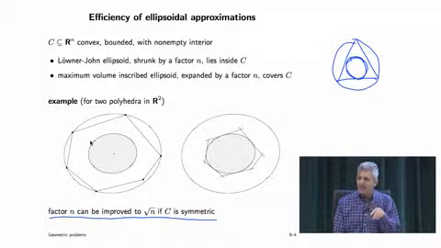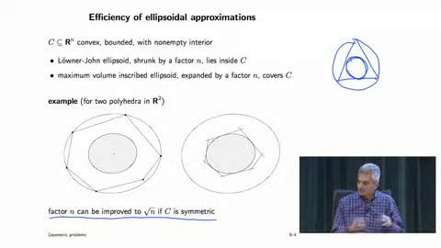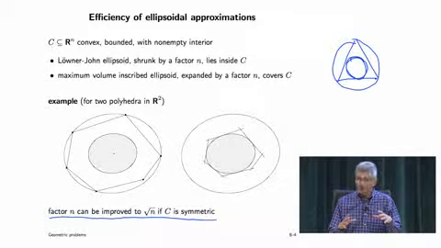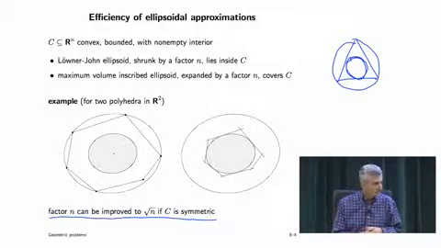So I put the one that's geometrically in the middle. And what that means is for any convex set, I can produce an ellipsoid which has the property that if I expand it by square root n, I cover the set, and if I shrink it by square root n, I'm inside. Okay? So actually, philosophically, it's quite interesting. You can argue something like this. Ellipsoids are universal approximators of convex sets.